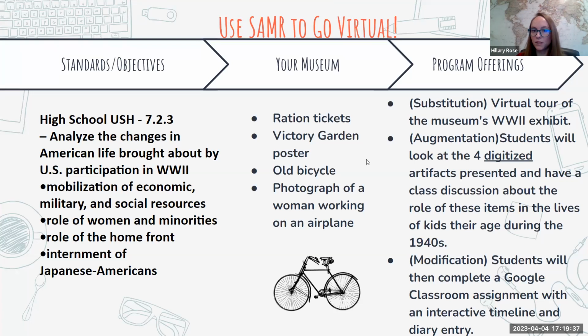So you're not reinventing the wheel and digging through your collections or exhibits to find something different, but you are going to maybe substitute your in-person tour of the gallery to a virtual tour of your museum's World War II exhibit. And it could be, like Alana, you had mentioned earlier, literally taking the cart through your exhibit with the camera and showing it that way, or maybe you've created some sort of virtual website tour. Either one, that's kind of a substitution.